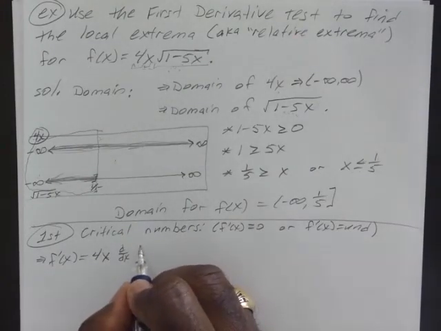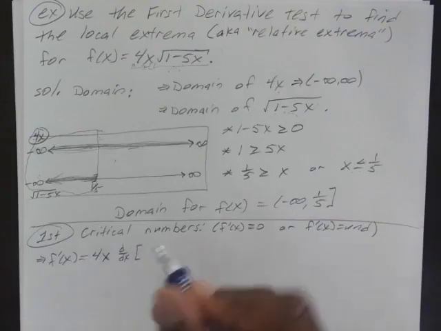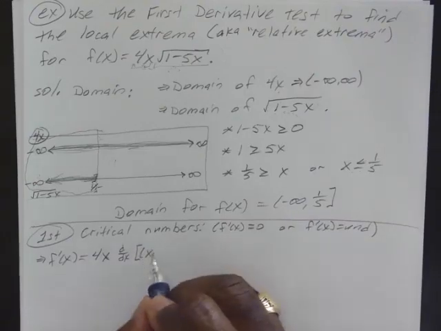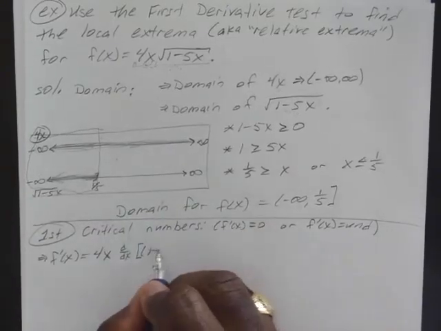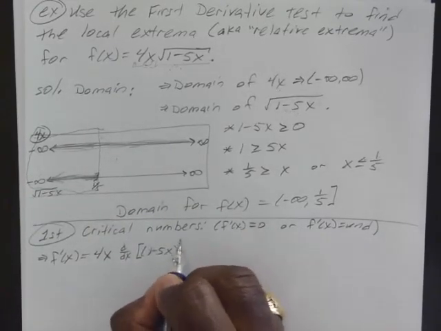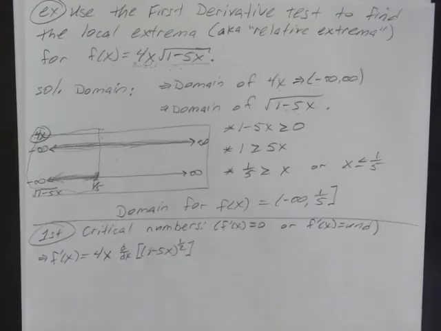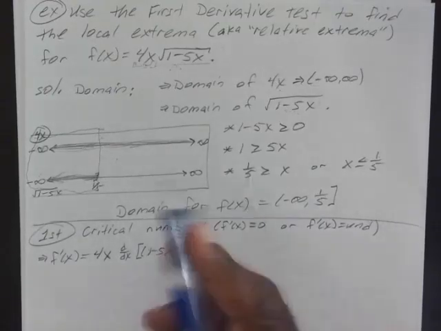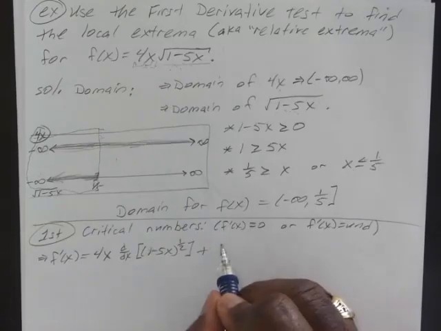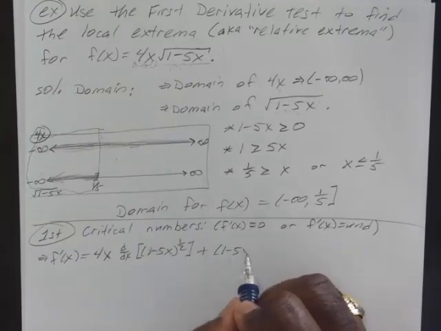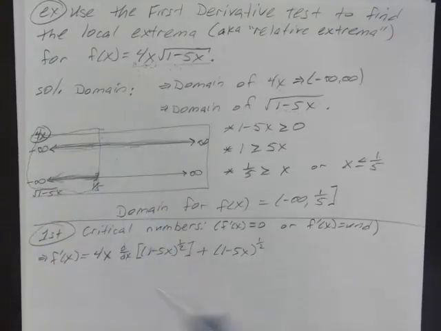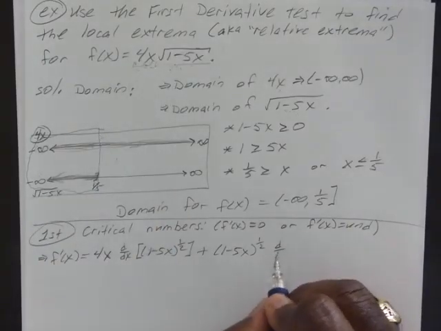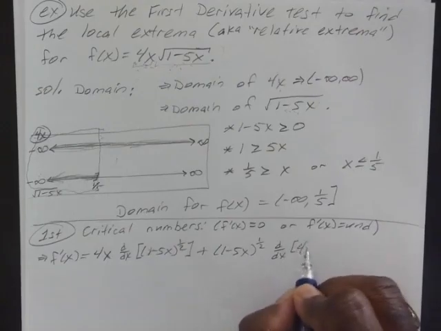And instead of the square root of 1 minus 5x, I'm going to make that 1 minus 5x to the 1/2 power. Plus the second function, 1 minus 5x to the 1/2 power times the derivative of the first, the derivative of 4x.